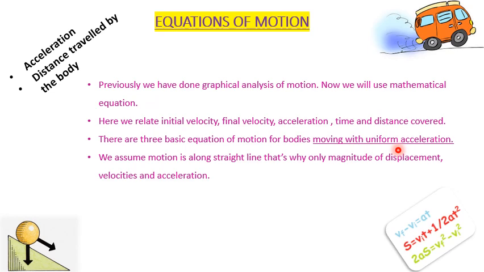And we have made an assumption here that the motion of a body is along a straight line. Obviously when the body is moving in a straight line there is no change in direction, so we can ignore the factor of direction and we will use only magnitude of displacement, velocities and acceleration.